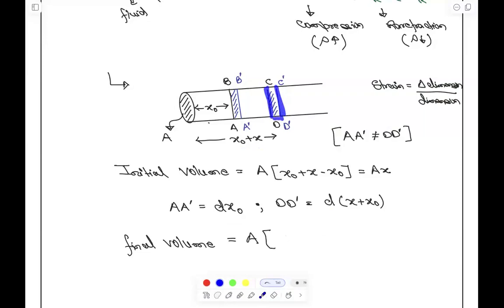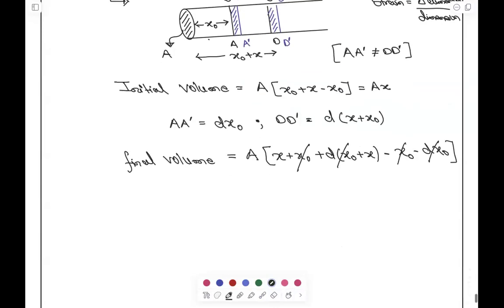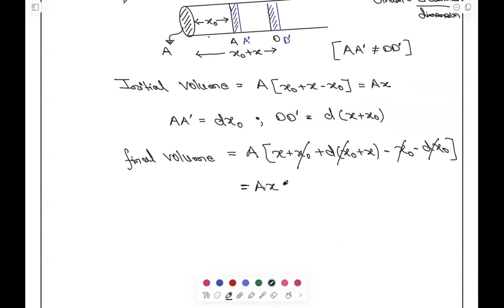It is x plus x naught plus d into x naught plus x. Minus this one, x naught and dx, so minus x naught minus dx naught. So x naught is gone, dx naught is gone. What is remaining here? It is ax plus a dx.